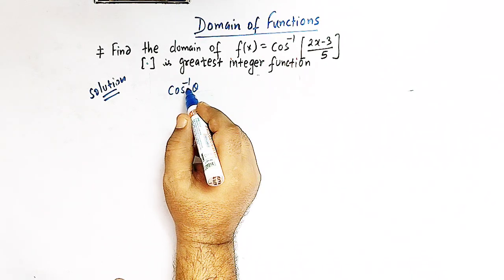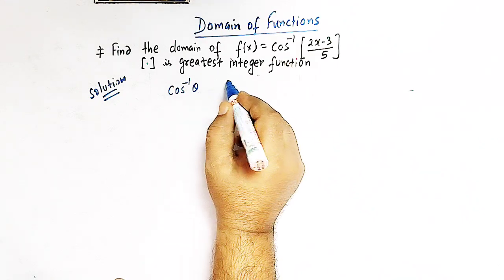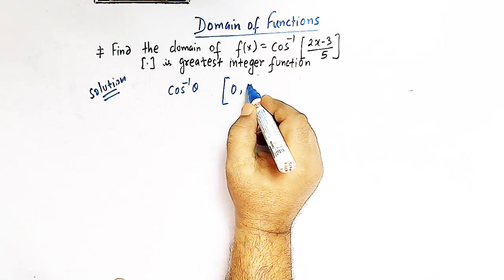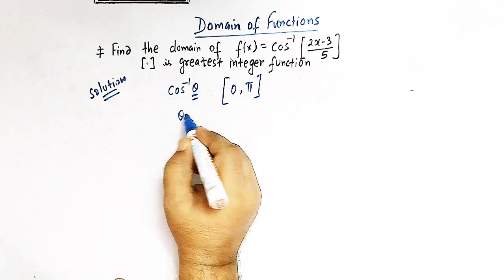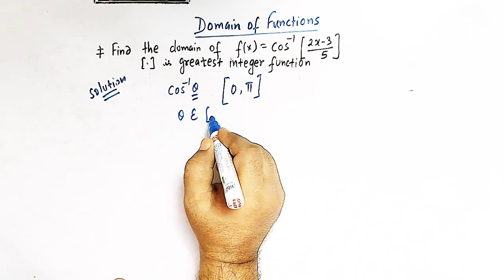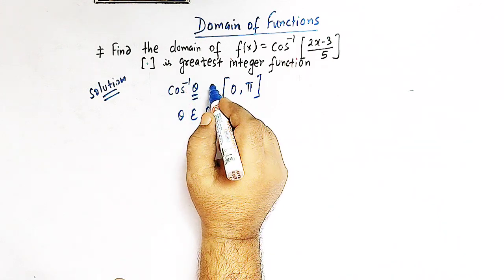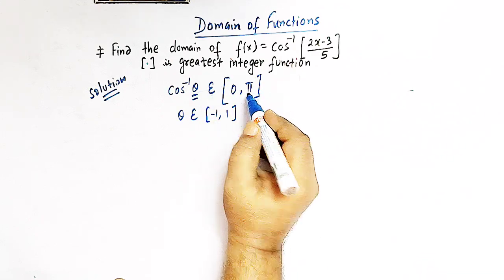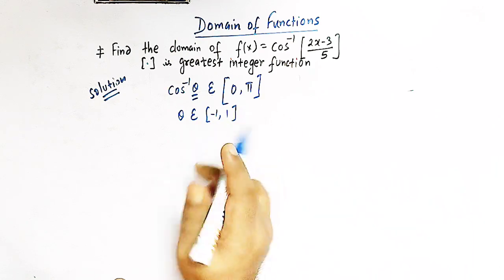Now we know that the range of cos inverse theta belongs to the interval from 0 to pi, and here this theta must belong to the interval minus 1 to 1. So cos inverse theta belongs to the interval 0 to pi whenever theta belongs to the interval minus 1 to 1.